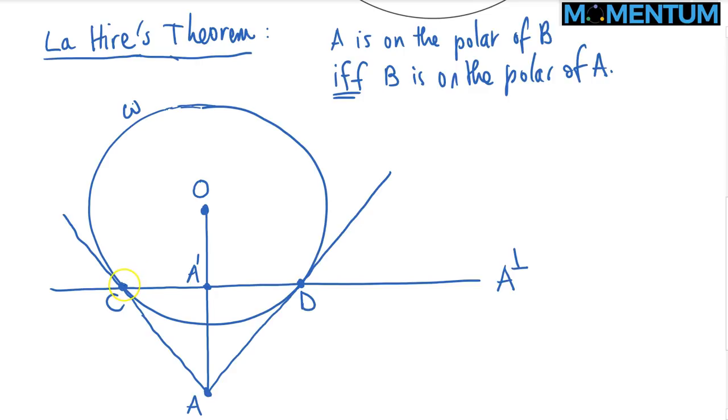And I can quickly establish the following result, showing the relationship between the point A and A prime as it relates to the radius of our circle. So this is a 90-degree angle, and so we have this 90-degree angle as well. I'm just going to show that indeed A and A prime are inverses of each other if we have this construction where we draw two tangents from A to the circle omega.